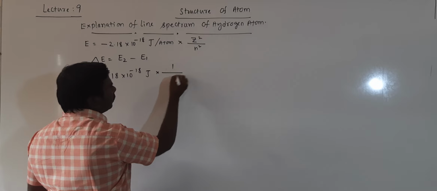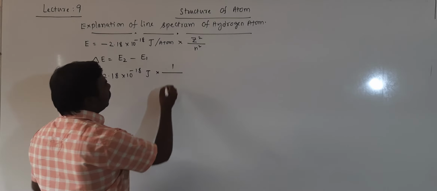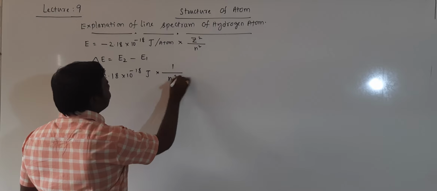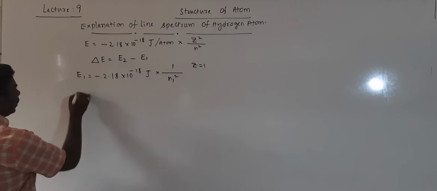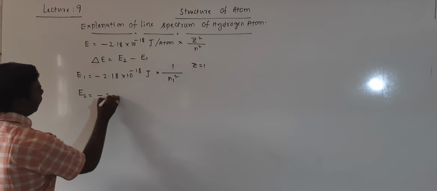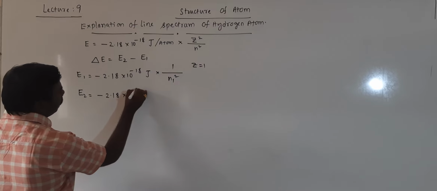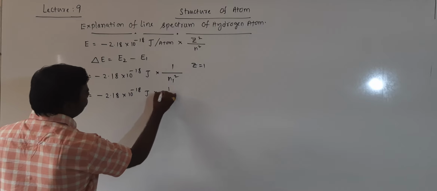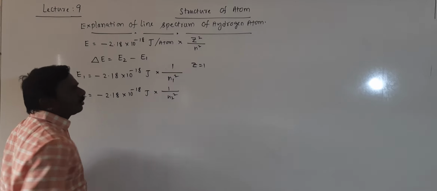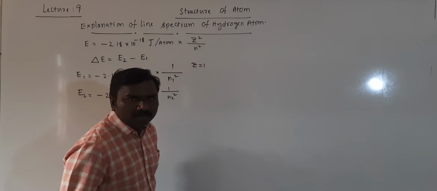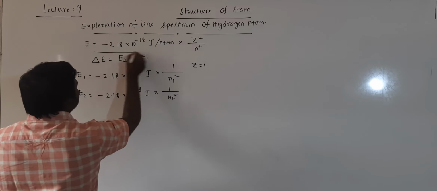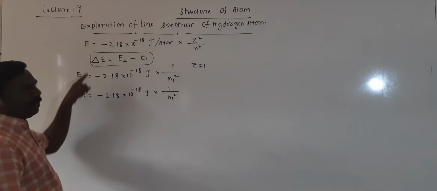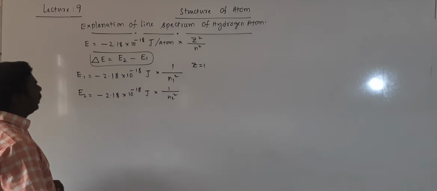Next, E2 is equal to minus 2.18 into 10 to the power of minus 18 joules into 1 by N2 square, here also Z equal to 1, hydrogen atom. Then these two, E1 and E2, will be substituted in the expression for delta E.